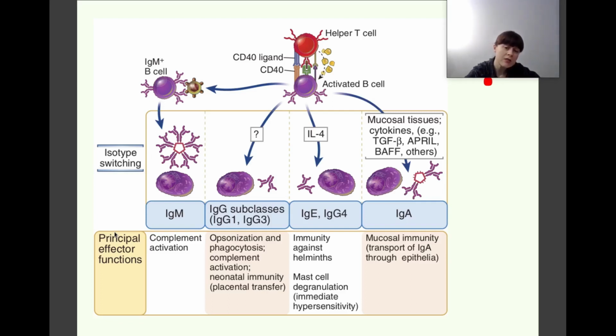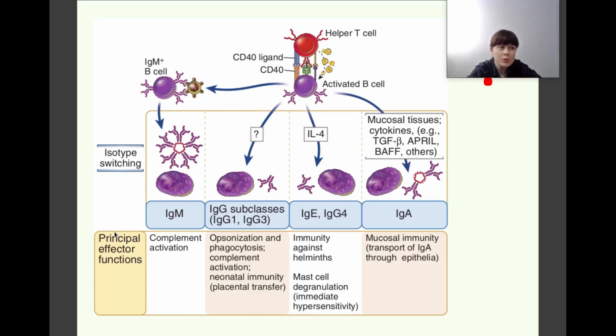In the case of immunoglobulin M, this is the major immunoglobulin in the primary immune response. Immunoglobulin G subclasses can lead to opsonization, phagocytosis, complement activation, neonatal immunity, and more.